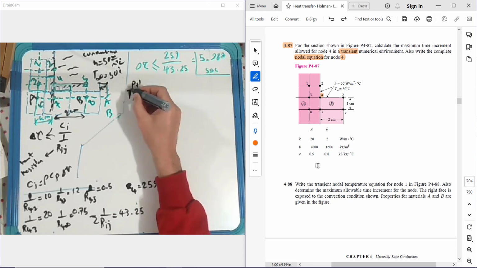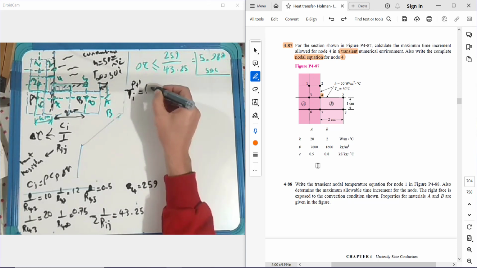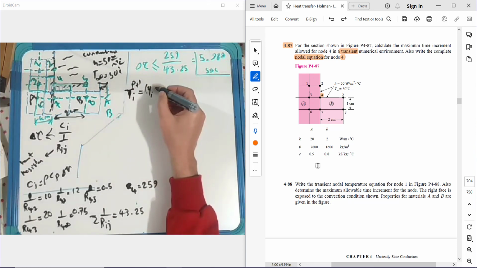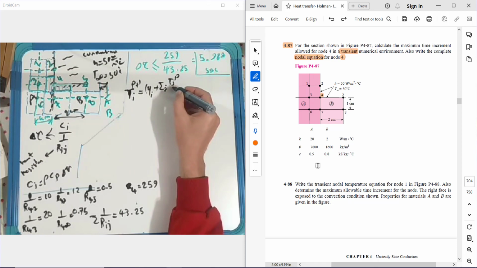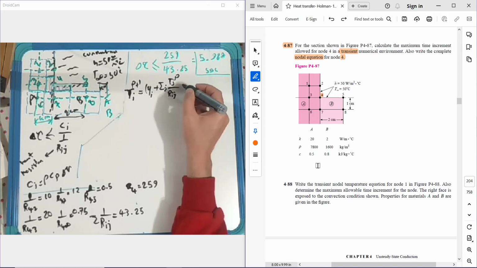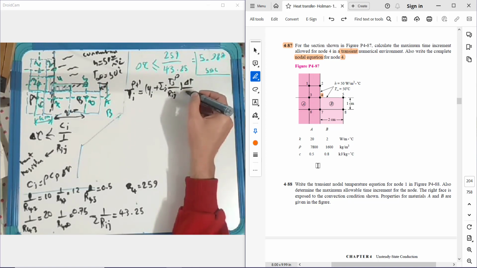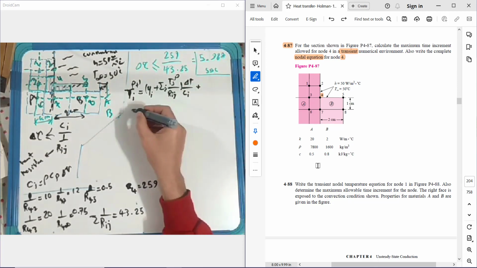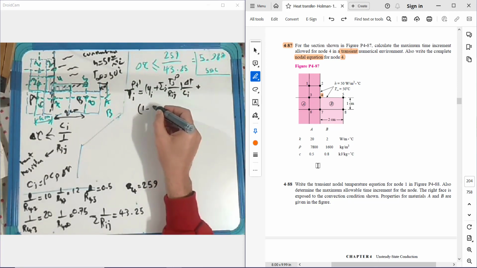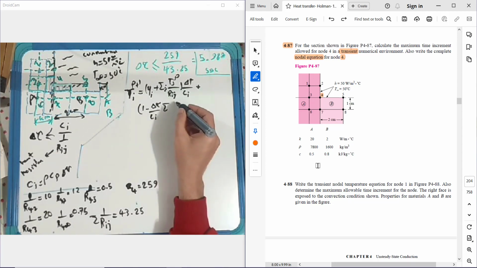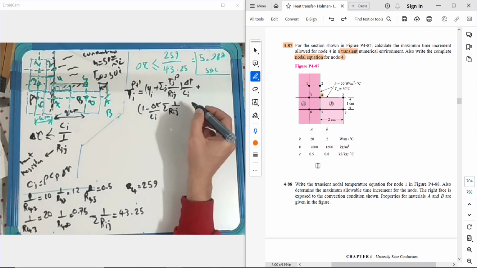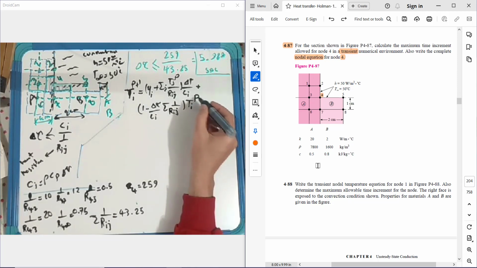T_i at p plus 1 equals Q_i, which is 0 in this problem, multiplied by sigma over j of T_j at p divided by R_ij, times delta t over C_i, plus 1 minus delta tau over C_i sigma 1 over Rij, times T_i at time p.